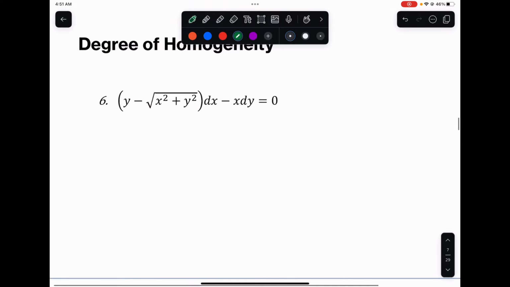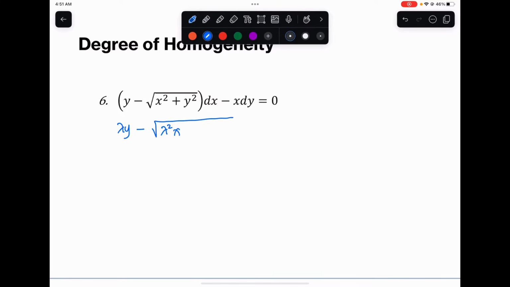So how about number 6? So we have a square root. Again, we change x to lambda x and y to lambda y, so I'll make this one lambda squared x squared plus lambda squared y squared, multiplied with dx, minus lambda x dy is equal to 0.